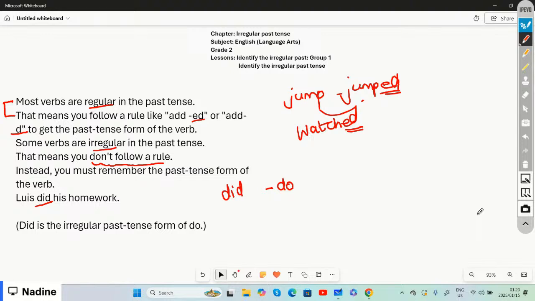Like I made an example earlier on, when we started, of jumped and watched and played and so on. That is regular past tense. But our main focus is on the irregular past tense and how the wording changes, for example, from I do to I did something. So you're going to have to just remember each form of the past tense.